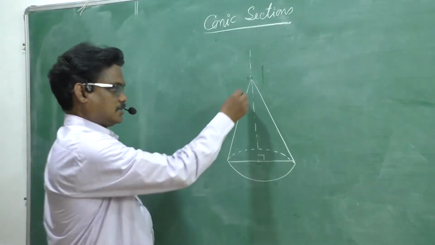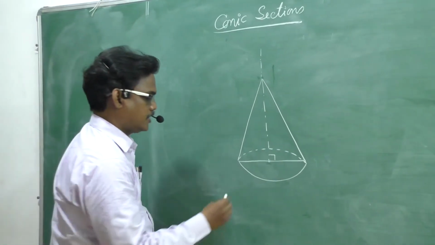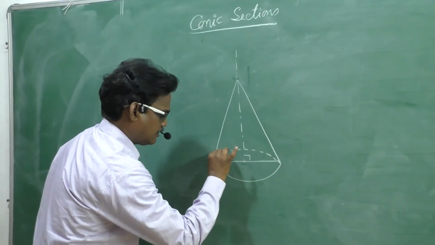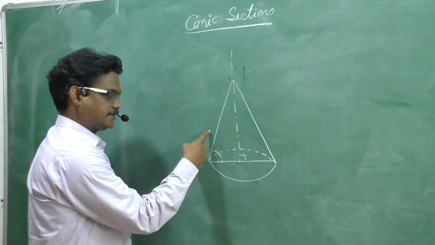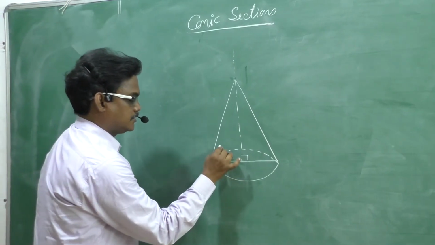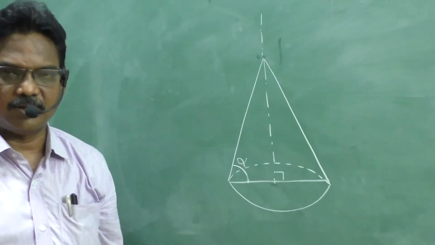And this straight line we can call the generator, and assume that the angle of inclination between base and the generator is alpha.